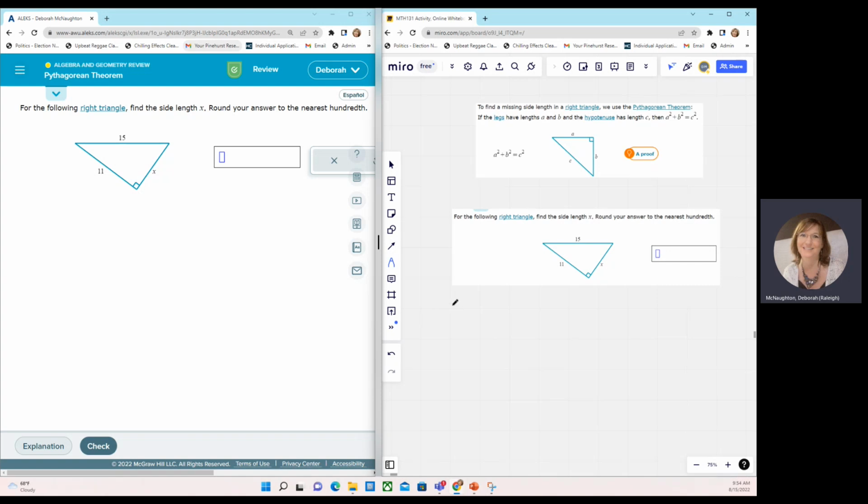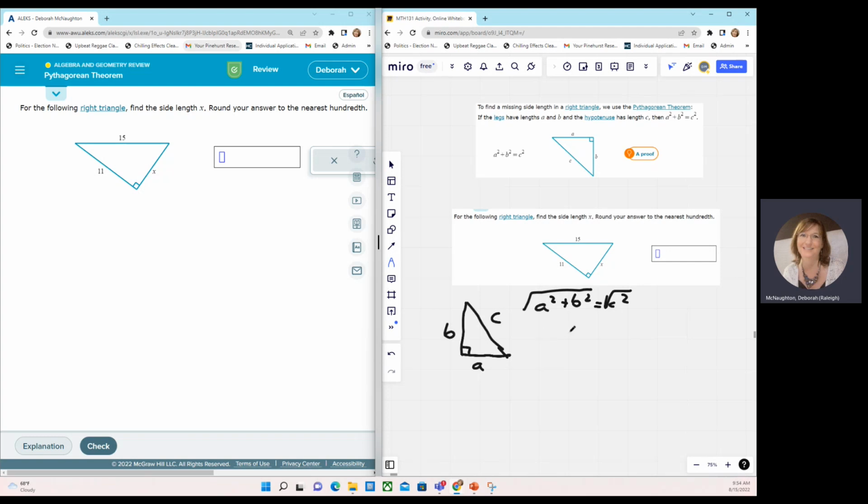So when we have a right triangle, it doesn't matter how you draw it, but I always like my right angle to be at the bottom somewhere. So here's my right angle. The sides adjacent are labeled A and B, and the side opposite is C. Then A squared plus B squared equals C squared, and I can take the square root of both sides.